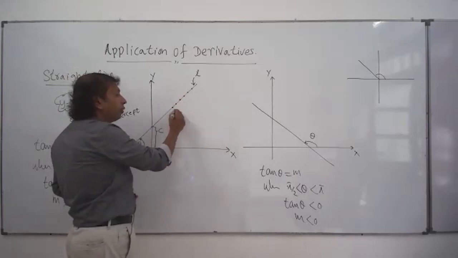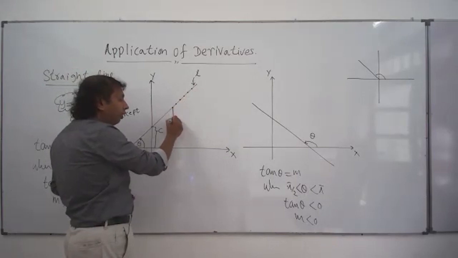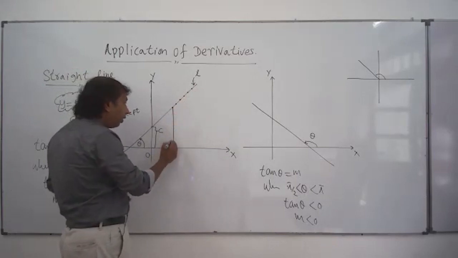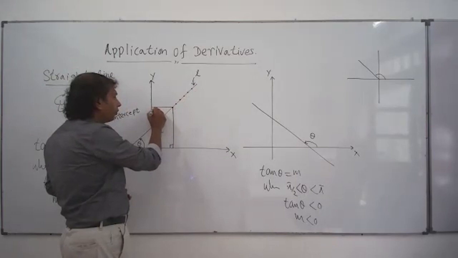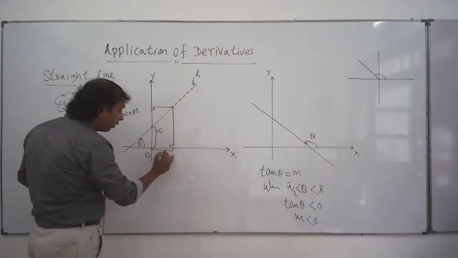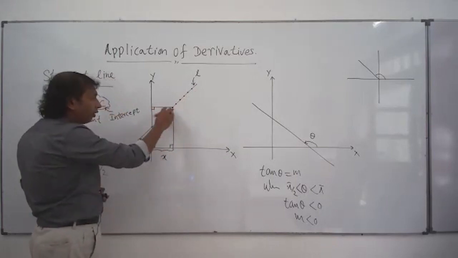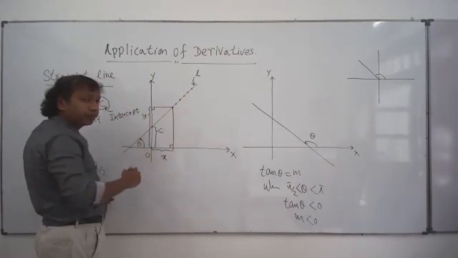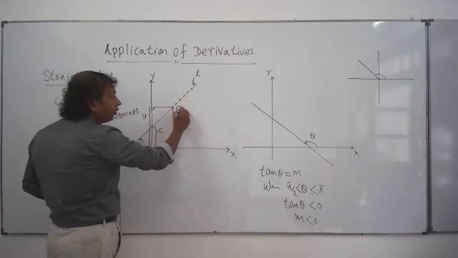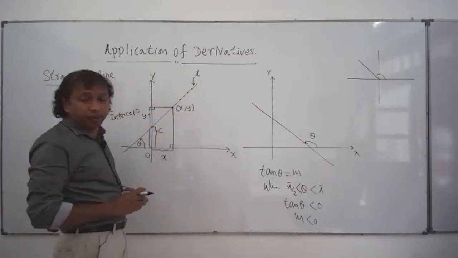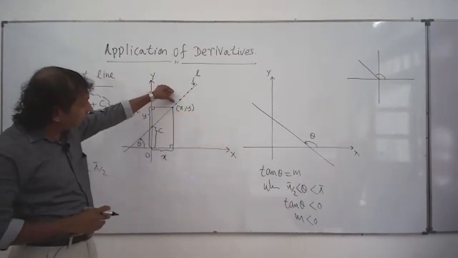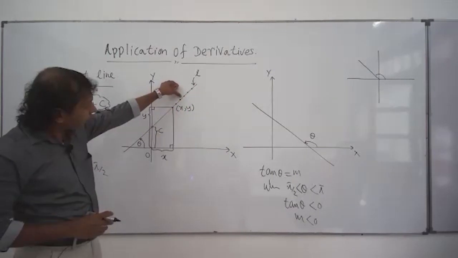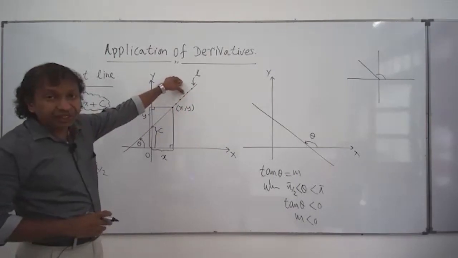When we consider any point on the line, this point has both an x coordinate and a y coordinate. This is the x coordinate of this point, and this is the y coordinate of this point. That we mark like this, x, y. Like this, when we consider any point on the line, that point has two coordinates, x and y.